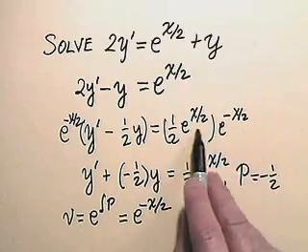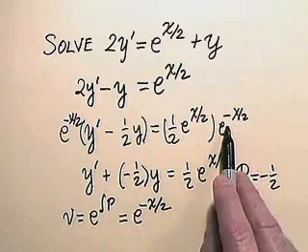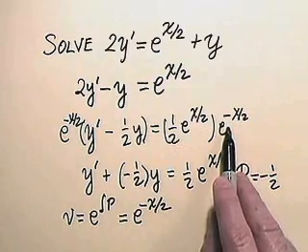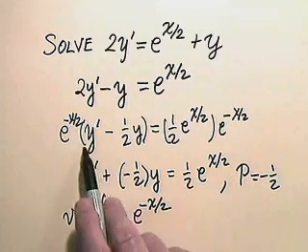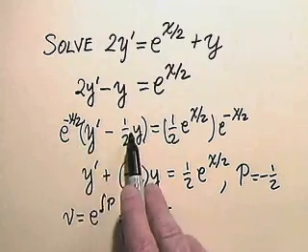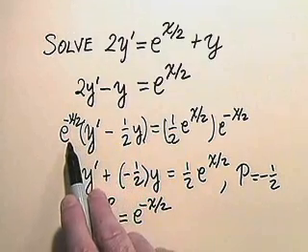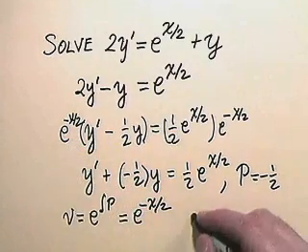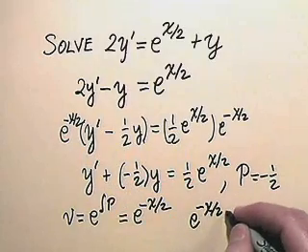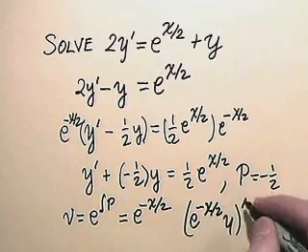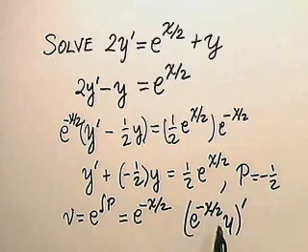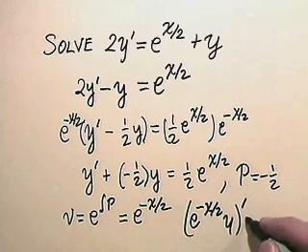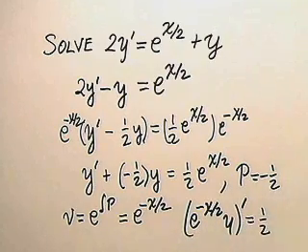And notice on the right side, the e to the x over 2 simply cancel out, and we get simply a half. On the other hand, over here on the left, we're just going to get what in effect is the derivative of e to the negative x over 2 times y. So the derivative of e to the negative x over 2 times y is simply equal to 1 half.